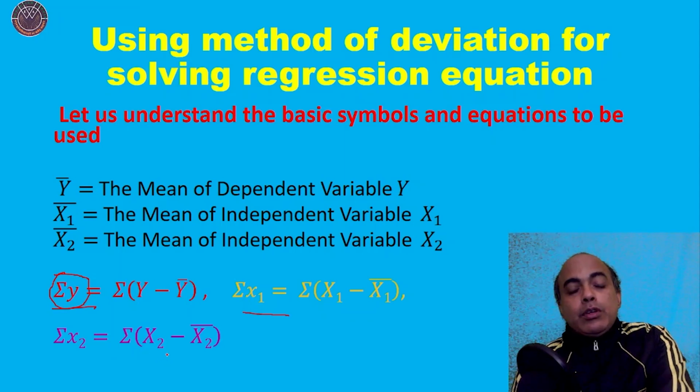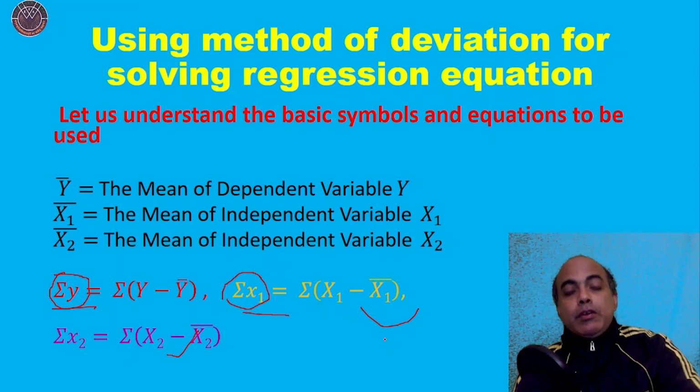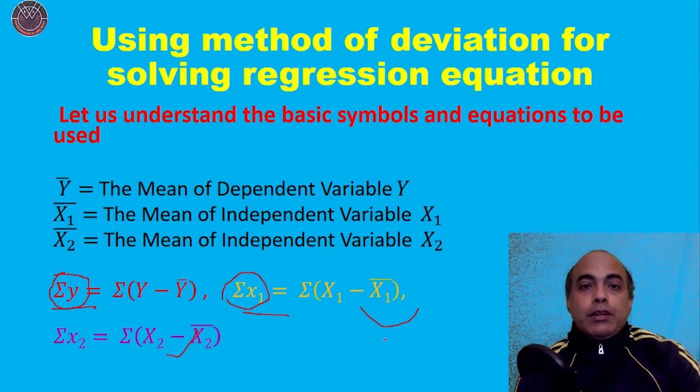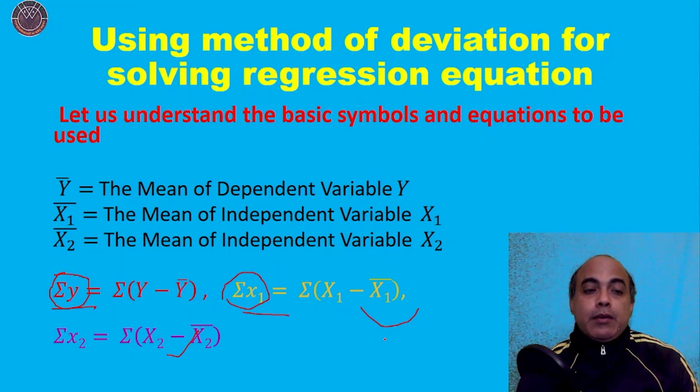So you just try to understand these are the raw scores, the exact score. From there we have converted it into deviation form. That means we have got the small x1, and then small y and small x2. So when we solve the problem, we will get how it is actually working. So let us see the next step so that you can understand it.